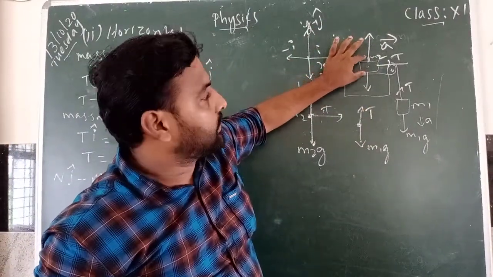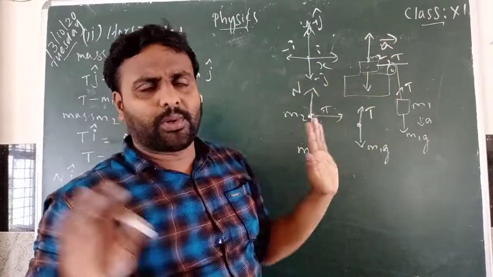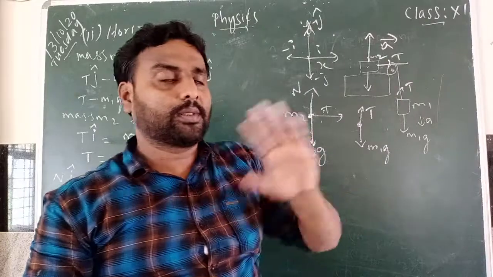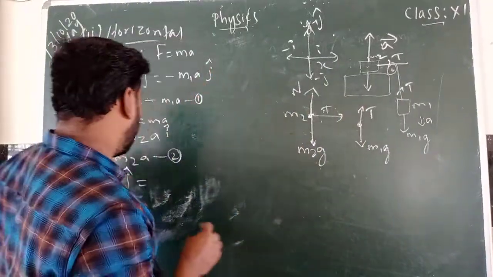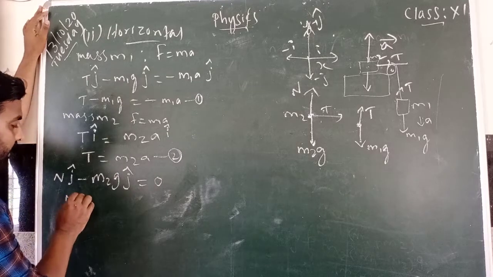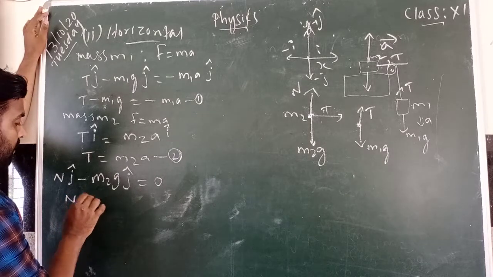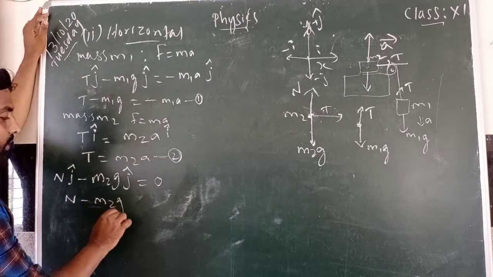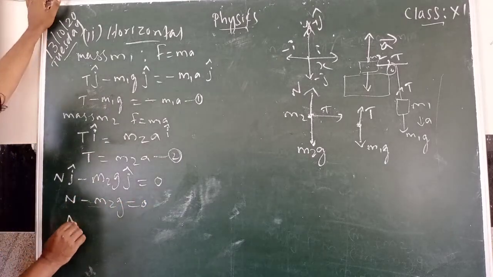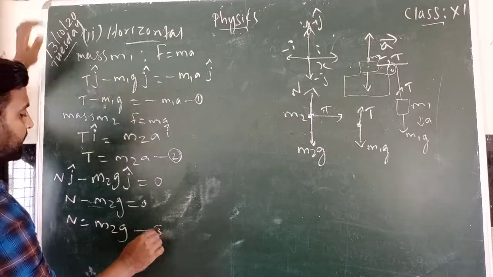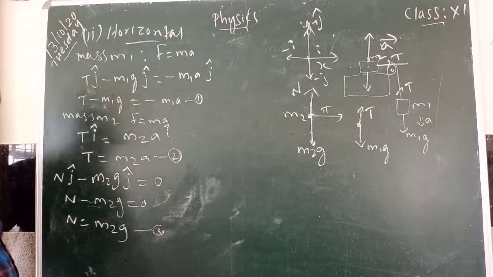The mass is at rest vertically, with upward force and downward force but no acceleration. So acceleration is 0. Comparing components, N minus M2G equals 0, so N is equal to M2G. Keep this as equation 3.